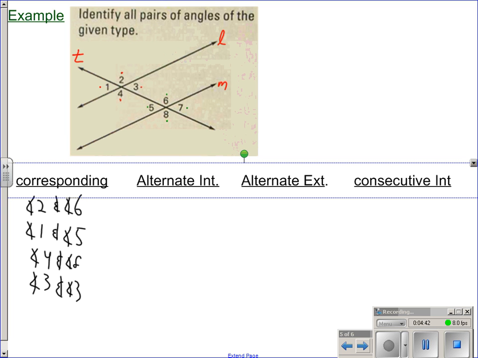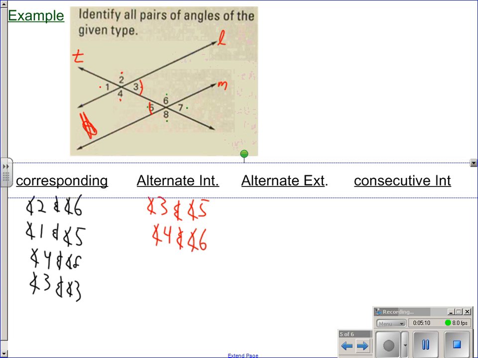Okay, alternate interior angles. So we're looking at this space in between the lines and on different sides of the transversal. Angle 3 and angle 5 on the interior and on different sides of the transversal. The other pair is angle 4 and angle 6. Those are the only alternate interior angles there are in this picture.